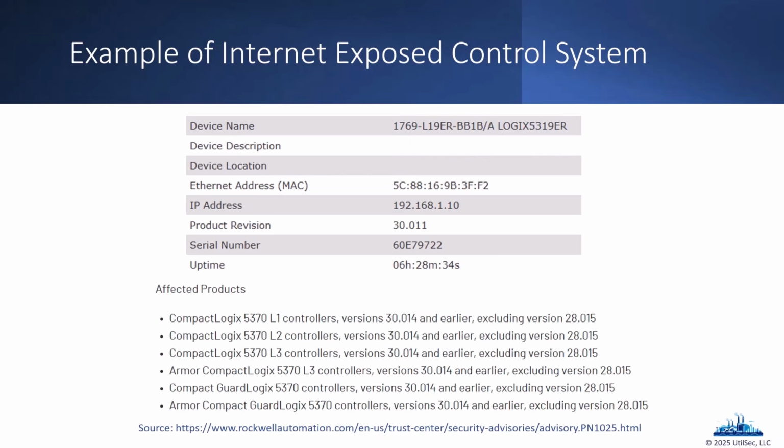So if we were lining that up, just play pretend with this vulnerability announcement, we can actually see that, oh yeah, this PLC would be vulnerable to this denial of service attack because the PLC is running 30.011 where controllers earlier than 30.014 are vulnerable. So that's why finding the firmware version is one of those important pieces of information in the OT world.